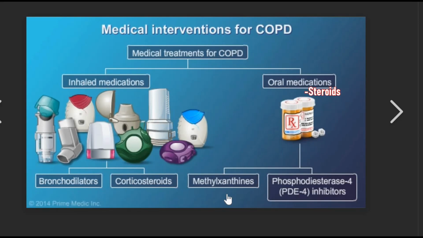When the patient is on theophylline, it is important to check the therapeutic level. The therapeutic level should be between 10 to 20. Also remember, theophylline increases the risk of digoxin toxicity and decreases the effect of lithium and Dilantin. And the other oral medication included is phosphodiesterase inhibitors. It is given because of its anti-inflammatory properties.